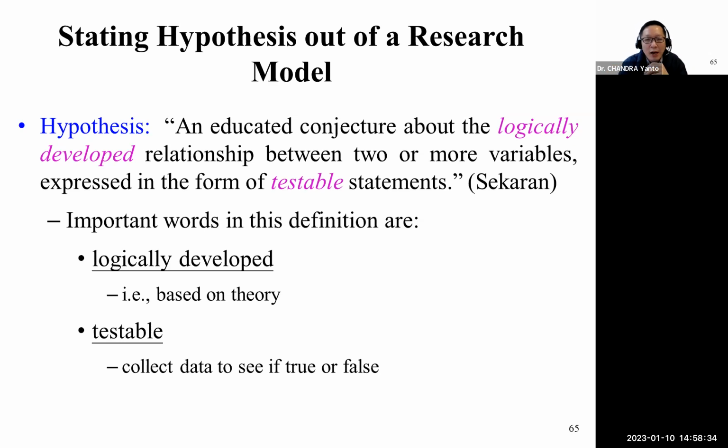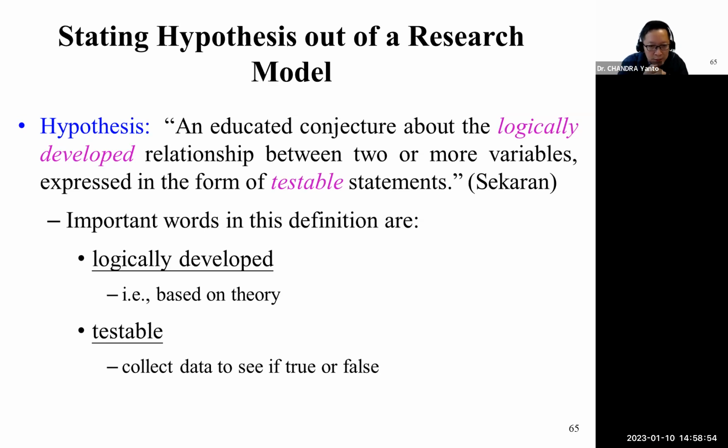And the second part is that your hypothesis has to be a testable statement. So how you say it in a sentence is really important. When you say it's logically developed, you need to have some literature to back you up, to express the relationship between two or more variables.